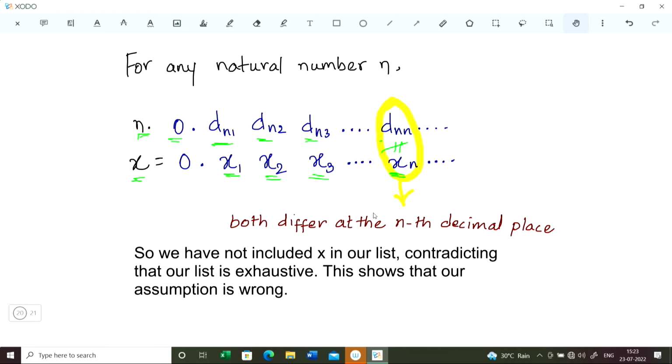So actually this contradicts that I can list all my real numbers, and that's kind of the end of my talk.